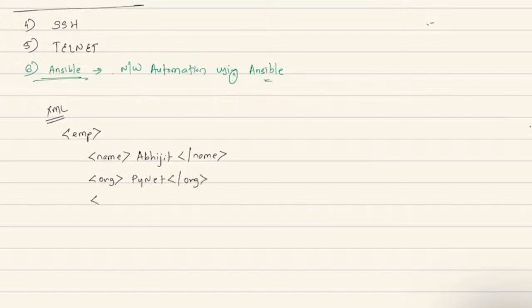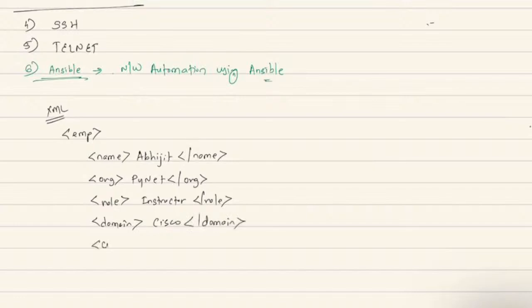Then I specify role, instructor as my role, and close the role tag. Then I specify domain, and I write down my domain as CISCO, and I close the domain tag.